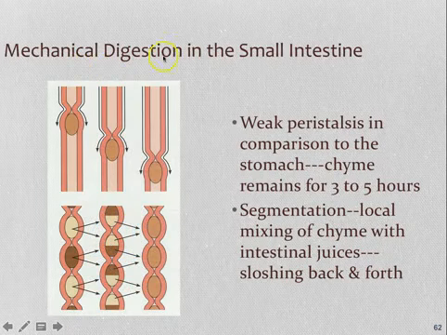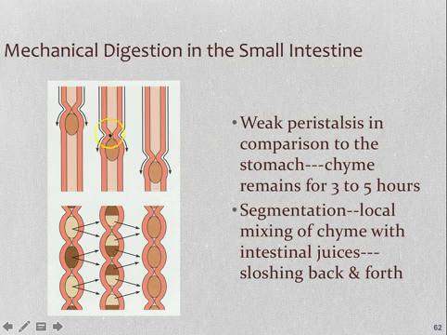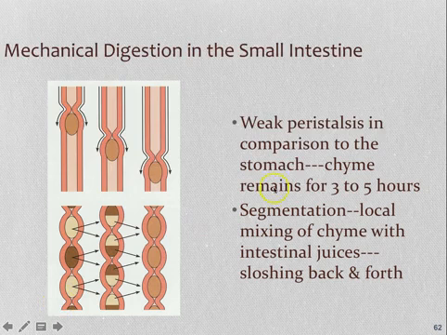We also have mechanical digestion in the small intestine, and remember, mechanical digestion is just a physical division of food. You can see here, this is peristalsis; peristaltic contractions help move things along. But this other image down here is known as segmentation.